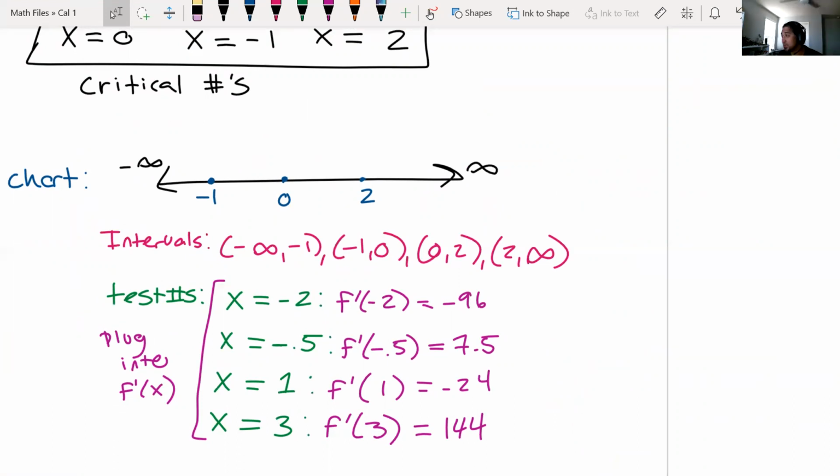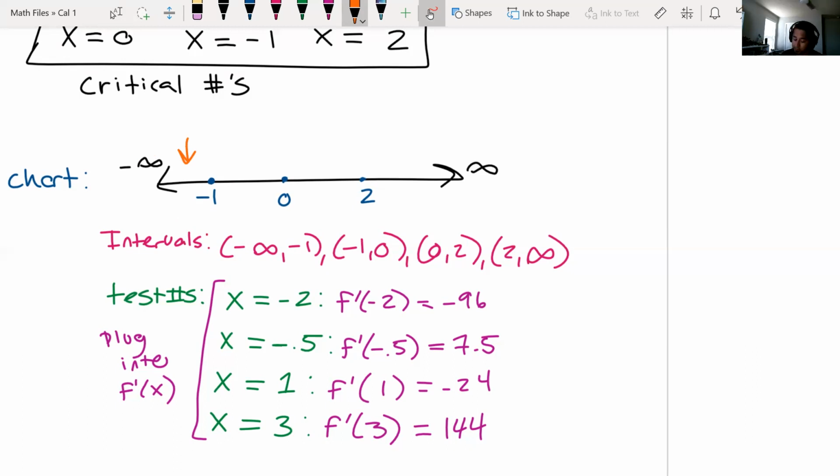So when we plugged in the test number of -2, we see that we got a negative output of -96. What this means is that on the interval, -infinity to -1, no matter what test number you pick, you will always have a negative output. So this means that from -infinity to -1, the function is decreasing.